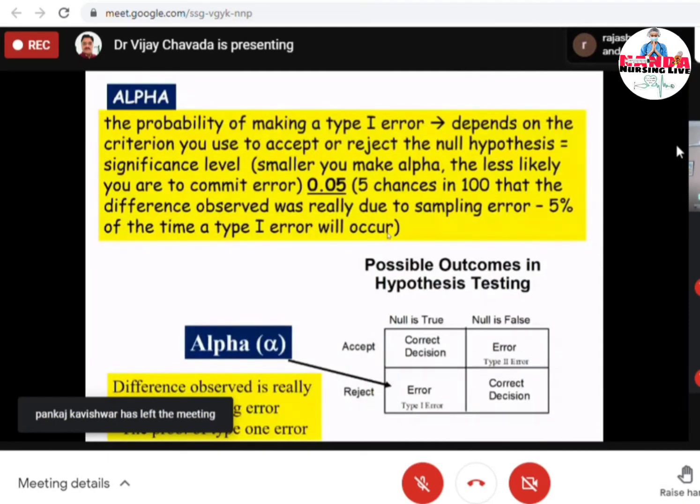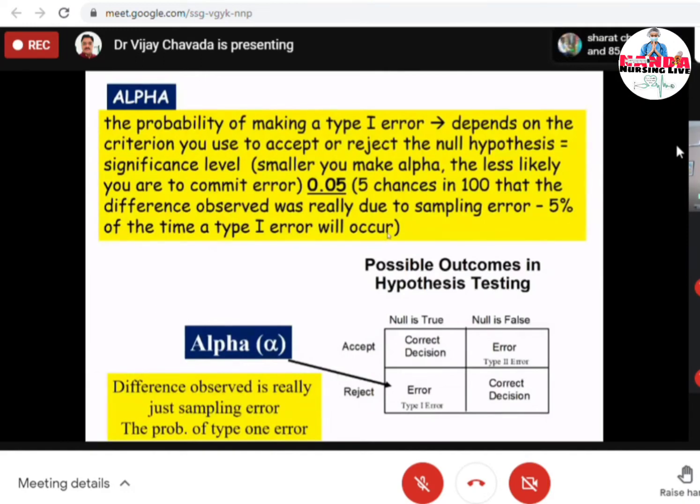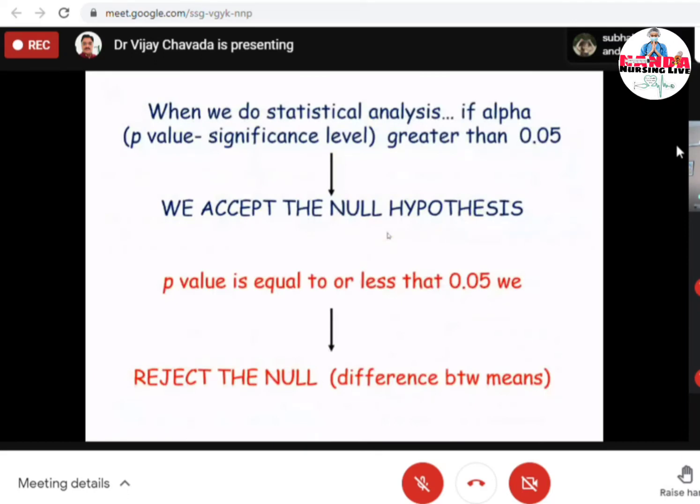So the difference observed here is really just sampling error. Means we are assuming that the difference observed is just by chance, just by sampling error, not by a real difference. So alpha level is nothing but the probability of committing error, referred to by alpha.